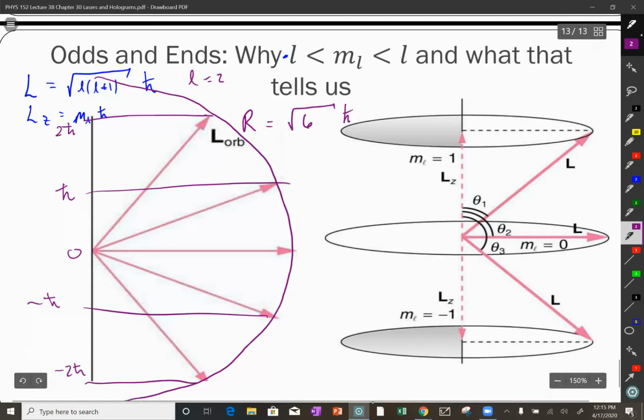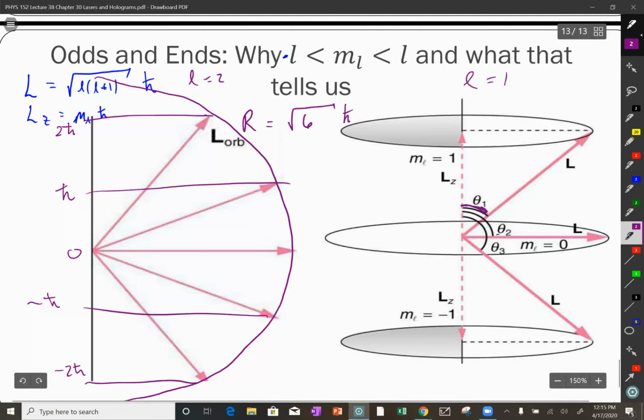In this picture, it shows theta 1. Now this one here is L equals 2, and this picture here was L equals 1, so the pictures don't correspond. But you have the angle from the z-axis to the upper one, to the middle one, to the lower one.